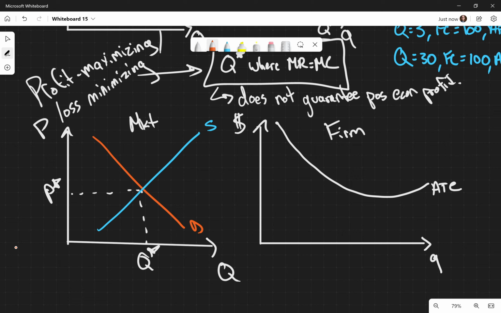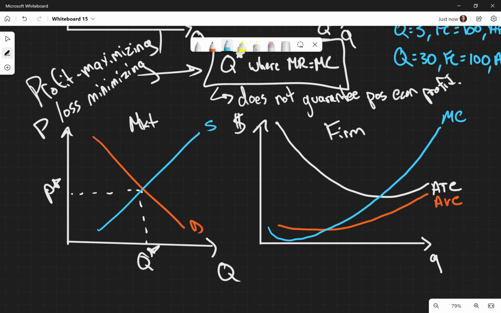We've got an average variable cost curve that's getting closer and closer to my average total cost curve as time goes on. And then we've got a marginal cost curve that's looking something like this, right? I'm trying to get it through the bottommost part of both my average total cost and my average variable cost curve.